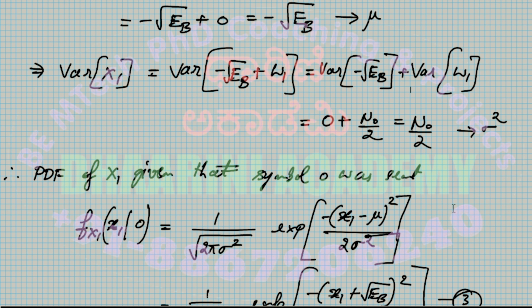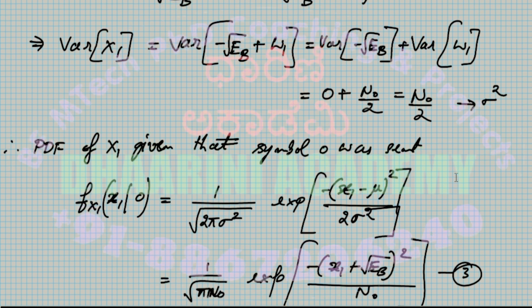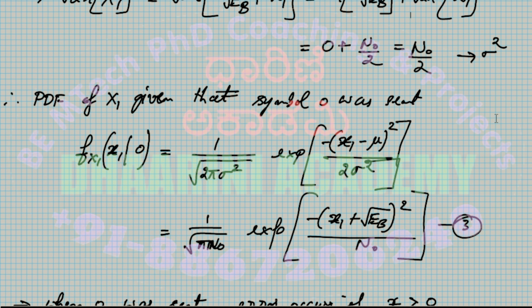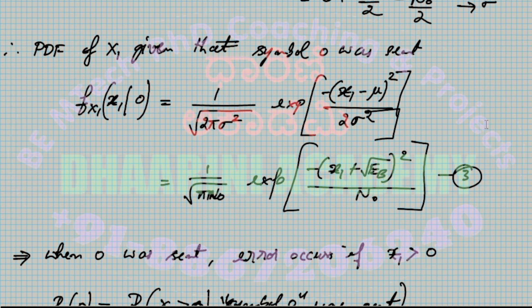So when you know the mean and variance, and it is already known that this whole process is a Gaussian variable, you can write a Gaussian PDF. To write a PDF, you should know the mean and variance. That's why we calculated those two first. This is the notation for the PDF of capital X1 when the symbol 0 was sent.